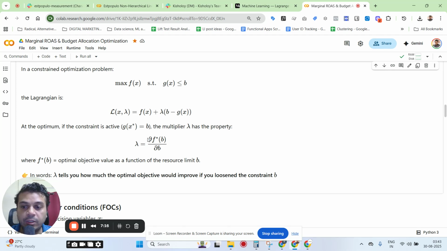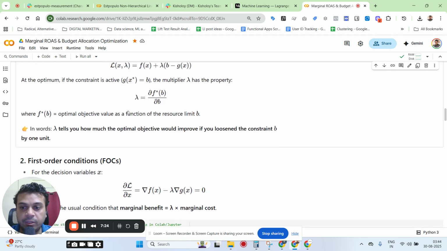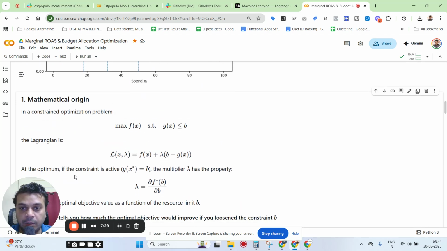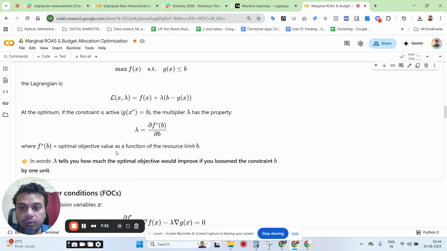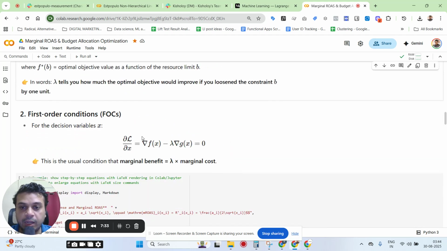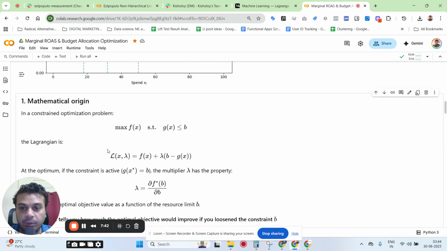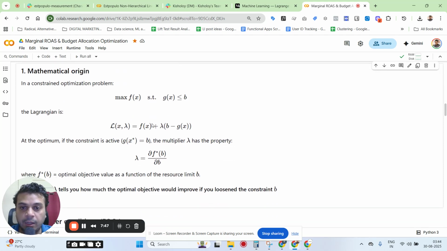Essentially, if you maximize this and equate it to zero, that's what we're going to get in the first order conditions. So you take the partial derivative del L over del x for this value, which stands for the overall revenue in our case.